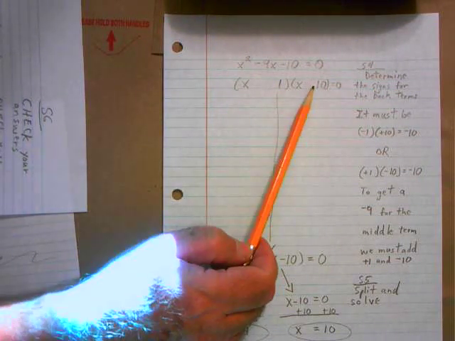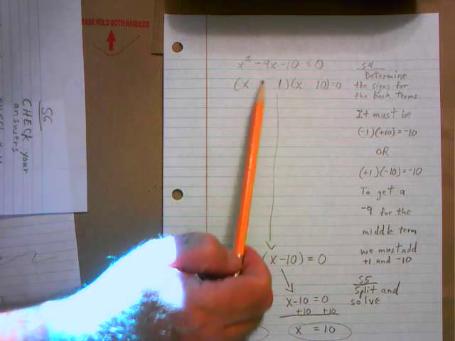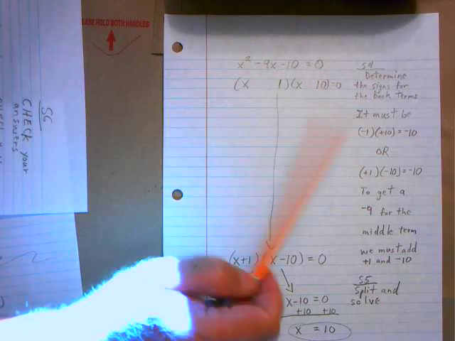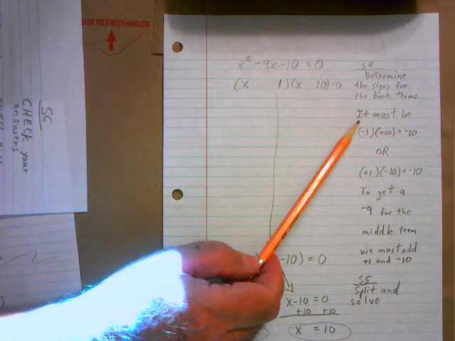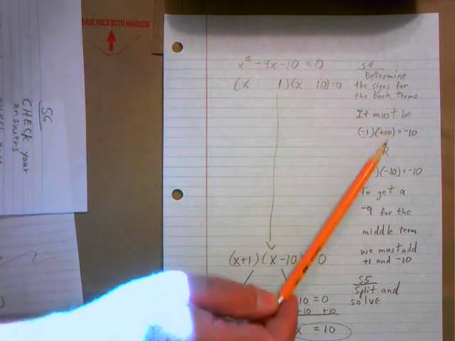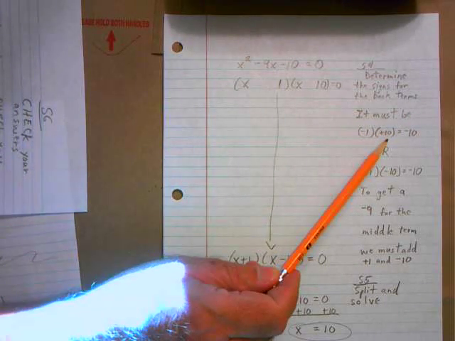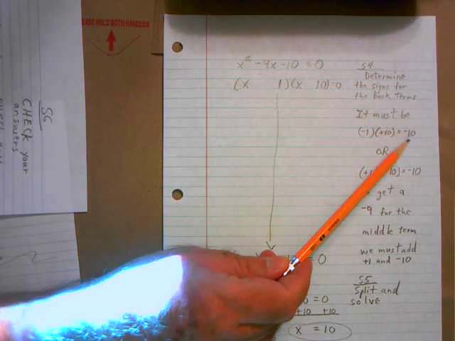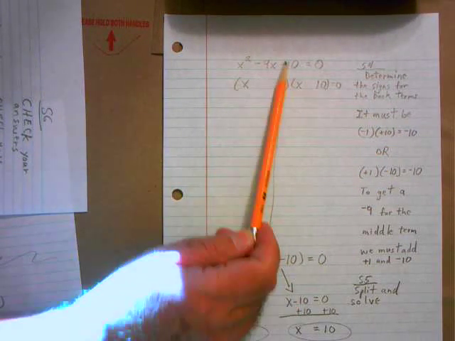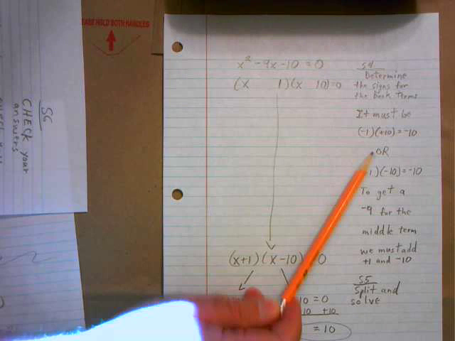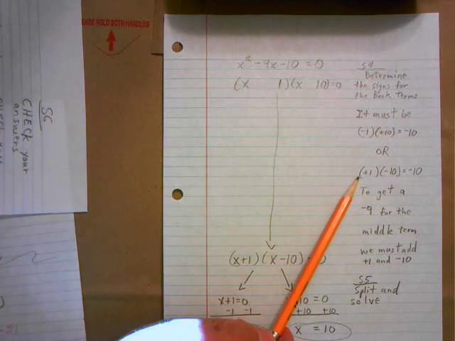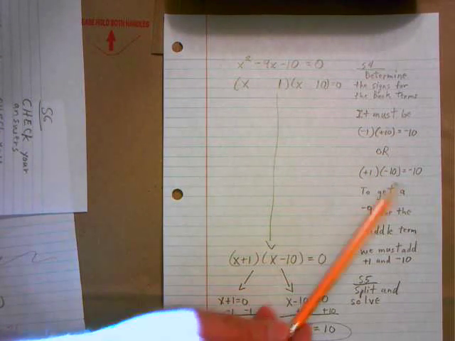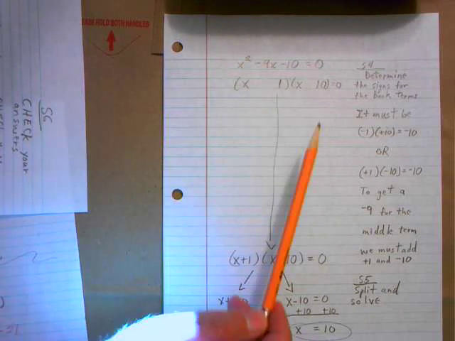Is this a positive 10, a negative 10, positive 1, negative 1? Well, let's look. It has to be either -1 times positive 10 to give us a -10. Remember, we're going to multiply and get a -10. Or we have to use positive 1 and -10 multiplied to get a negative 10. So it's got to be one of these.